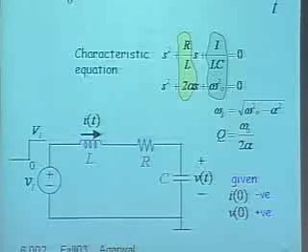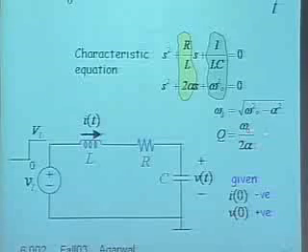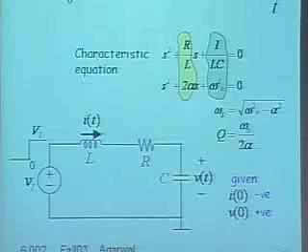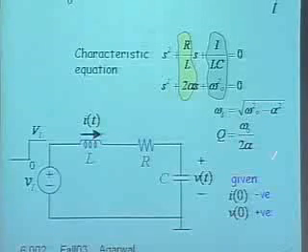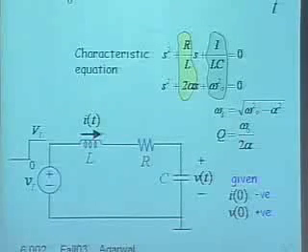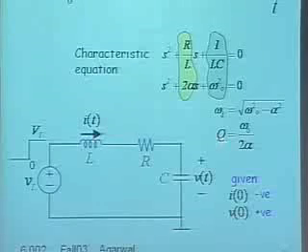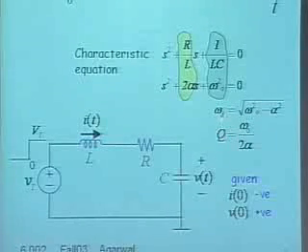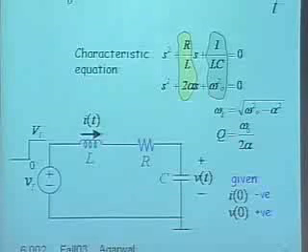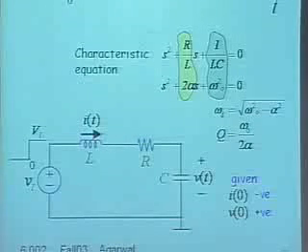And Q is called the quality factor. We'll learn about Q in a lot more detail a couple of lectures from today. That is given by omega naught divided by 2 alpha. So these parameters, alpha, omega naught, Q, and omega d, pretty much characterize everything else that I need to know about the circuit.